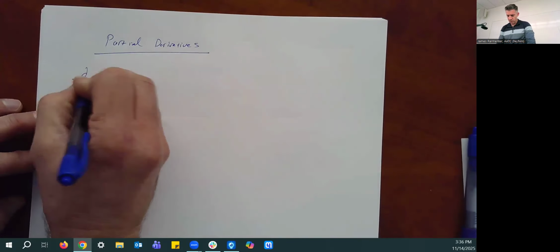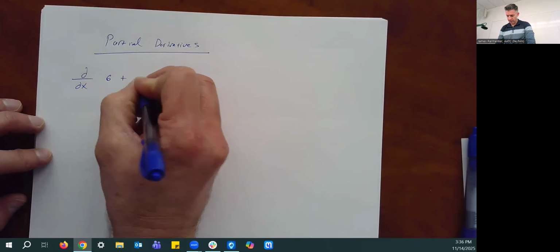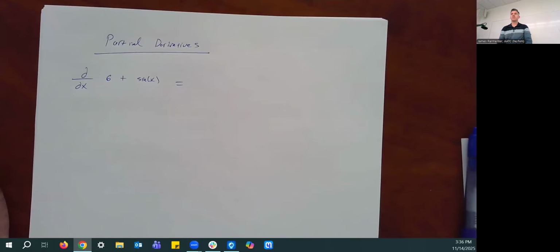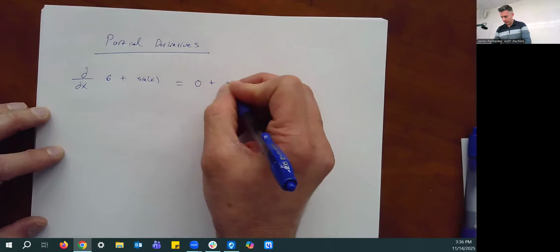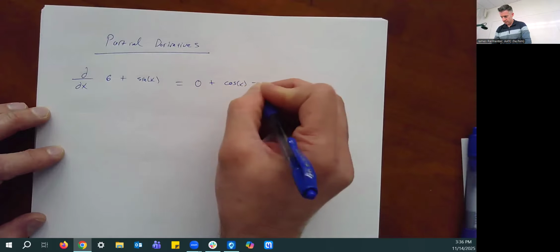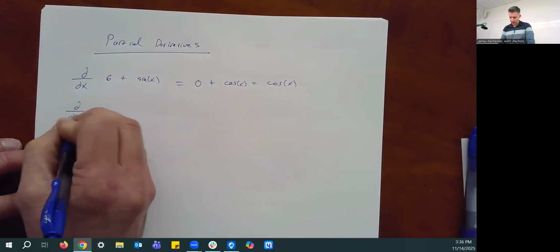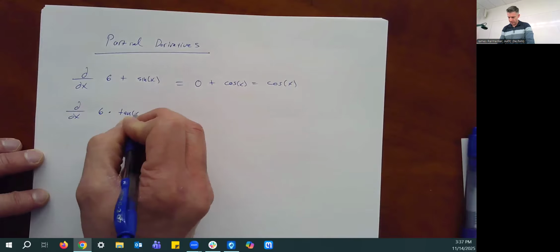So as a reminder, what's the derivative of 6 plus sine of x? Right, because the derivative of 6 is 0, and the derivative of sine of x is cosine of x. And as another reminder, what's the derivative of 6 times tangent of x?